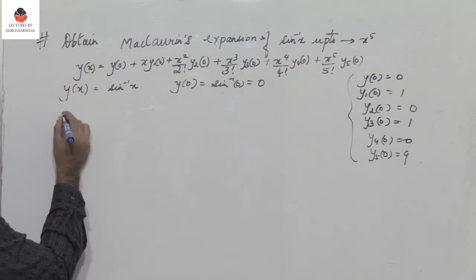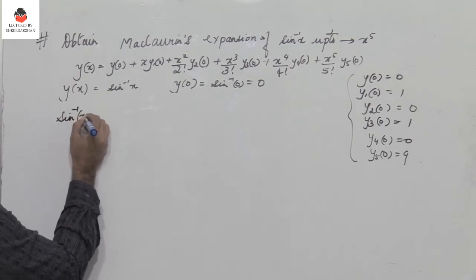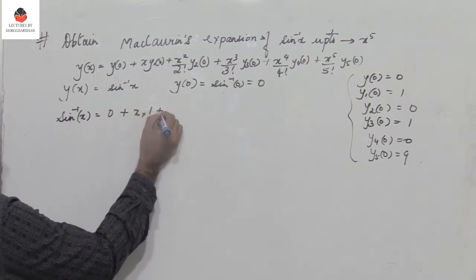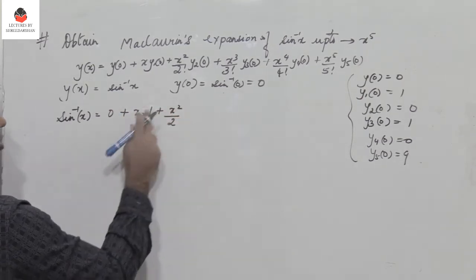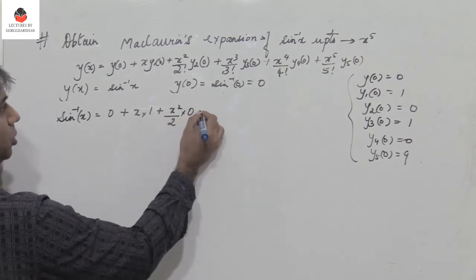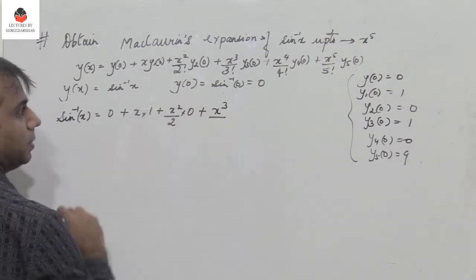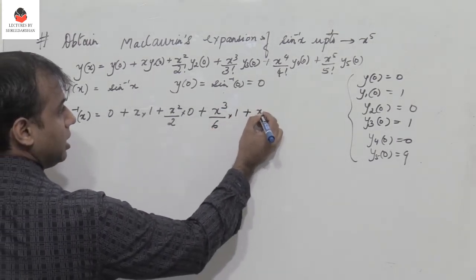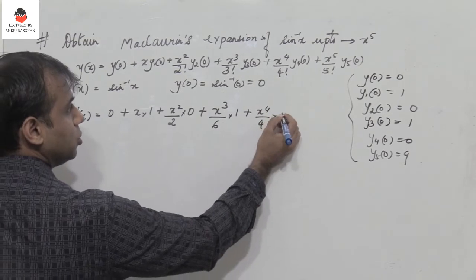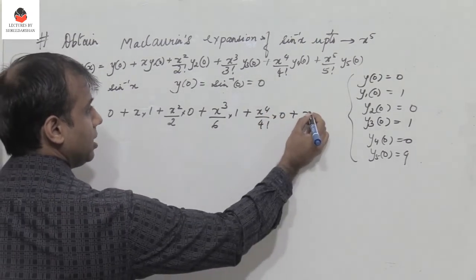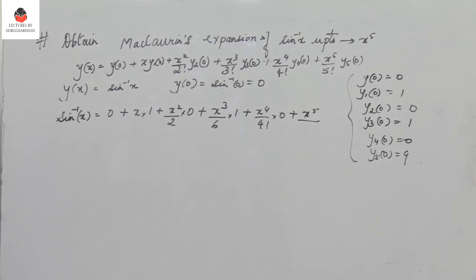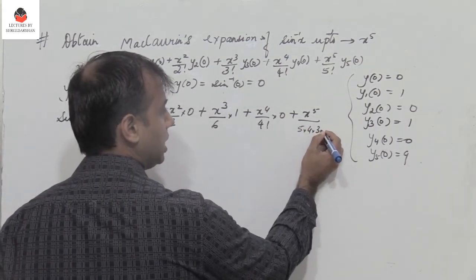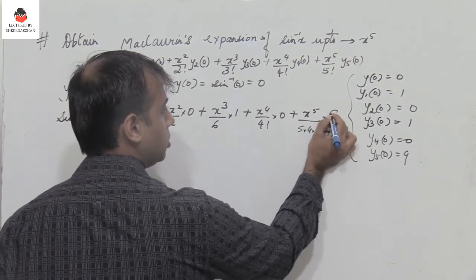So y of x is nothing but sine inverse x equals y of 0 is 0, plus x, y1 of 0 is 1, plus x square by 2 factorial is 2, y2 of 0 is 0, plus x cube by 3 factorial is 6, y3 of 0 is 1, plus x4 by 4 factorial into 0, plus x power 5 divided by 5 factorial, right? So 5 into 4 into 3 into 2 into 1, into 9.